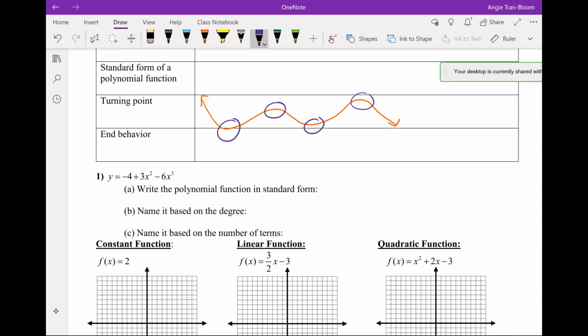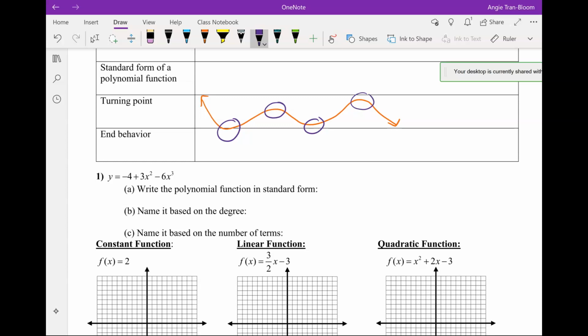Okay, so let's use the same exact graph that we have sketched out for turning point. As x approaches positive infinity, that means I'm going right or left? Right. As I'm going to the right, what is the end behavior of this sketched out function? What's happening to the y value? It's going downward. Is it stopping at some location that we know? No. Because of the arrow, we know that it's going to keep going forever.